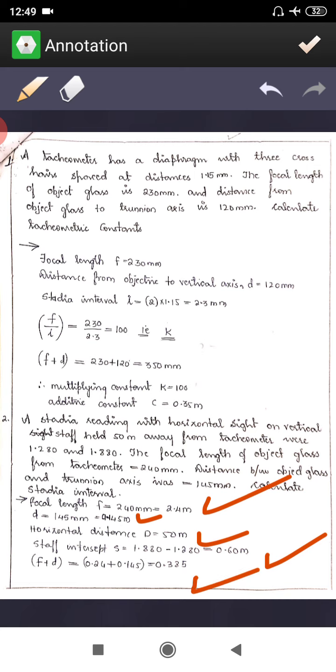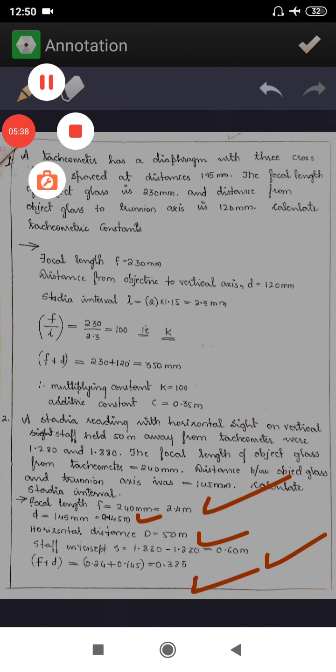I'm going to use the formula D is equal to F by I into S plus F plus d, and I'm going to get the I value because capital D is known.